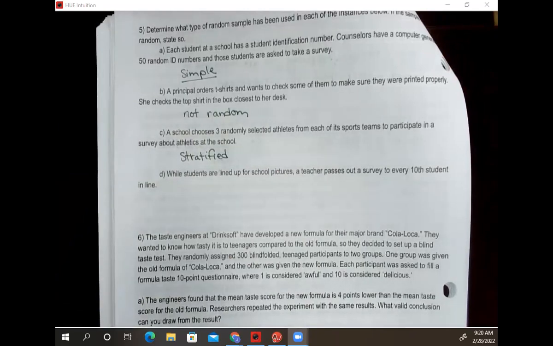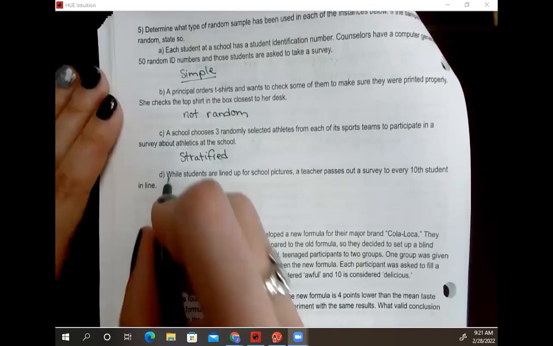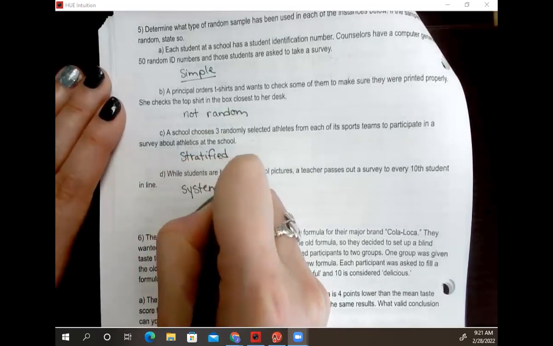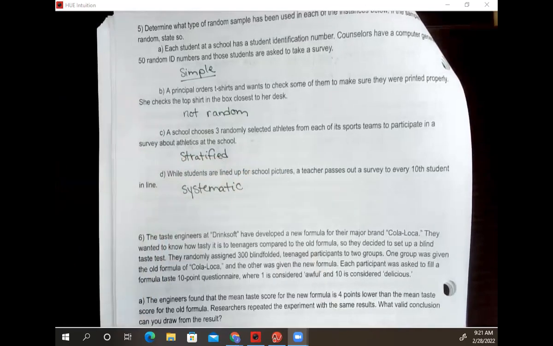For systematic, we're choosing every 10th or every third, something like that. So anytime you have a systematic sample, there should be a system described in there for how we're making these selections. It should have something like, I pick every 10th, I pick every third. So this is systematic. Very good.